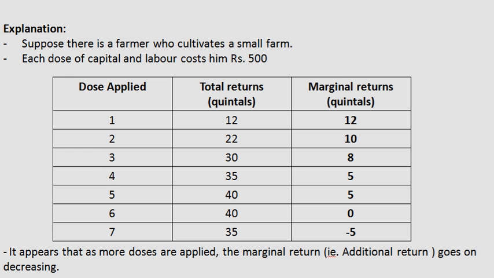So let me explain one hypothetical example. Suppose there is a farmer who cultivates a small farm, and each dose of capital and labor costs him rupees 500. He applies capital and labor to his farm in certain fixed quantities, which we call doses.